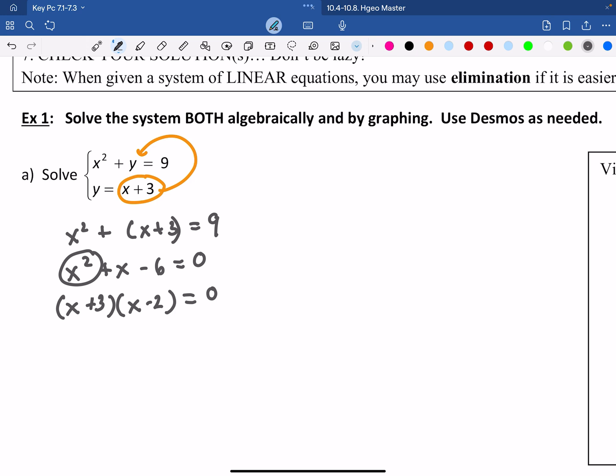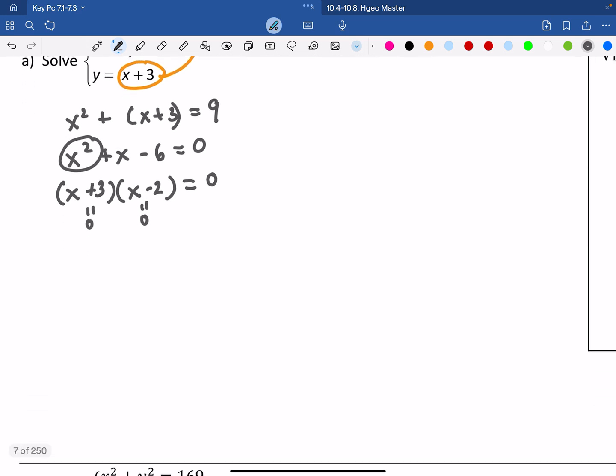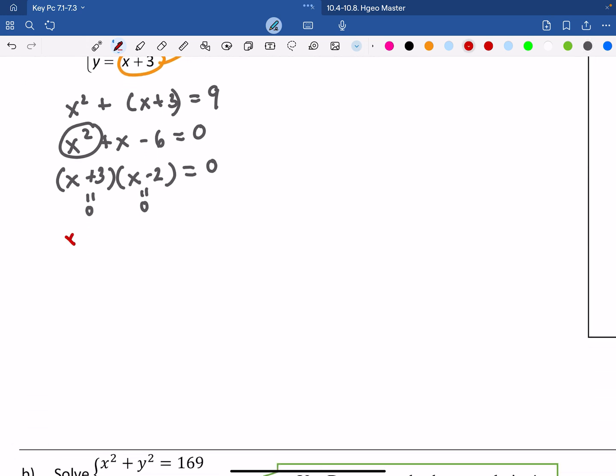Once you get there, now we can do the zero product property. If two things multiplied together equal 0, then either the first factor must be 0 or the second factor must be 0. What are the values of x that will yield 0? For the first one, x is equal to negative 3 will make that first factor 0, and for the other one, x is equal to 2 would make that equal 0.